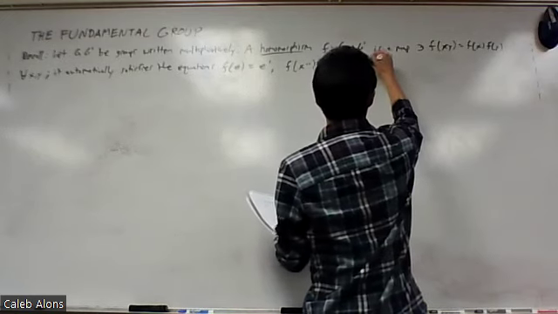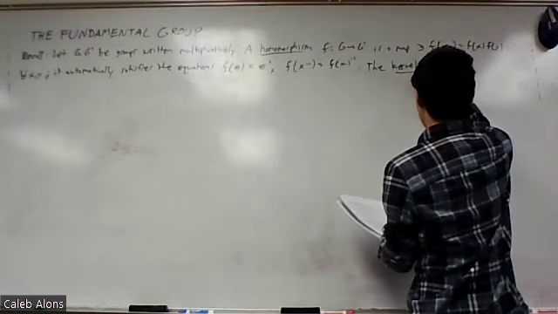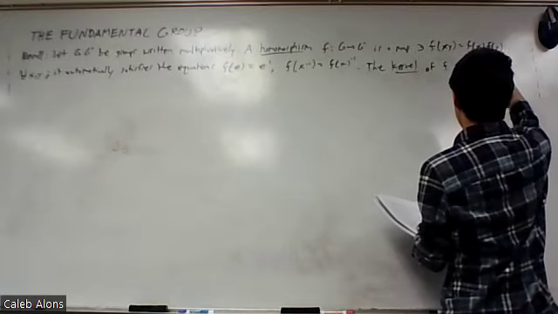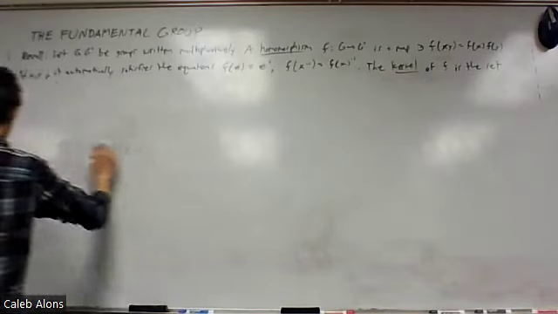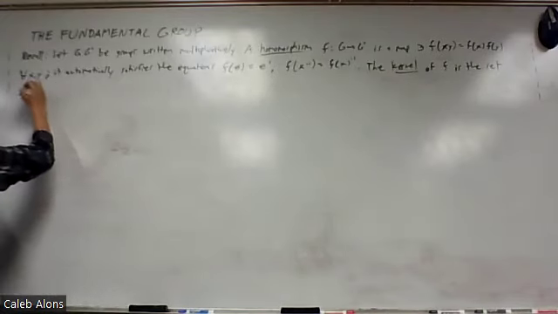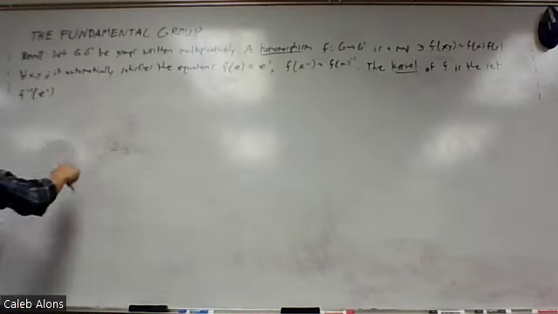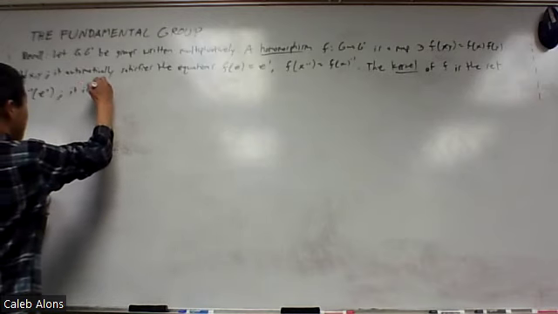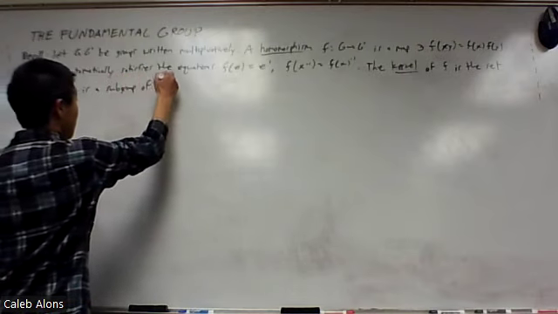And the kernel of the homomorphism is the set, it's basically the inverse image of the identity found in the range. And it is a subgroup of G.